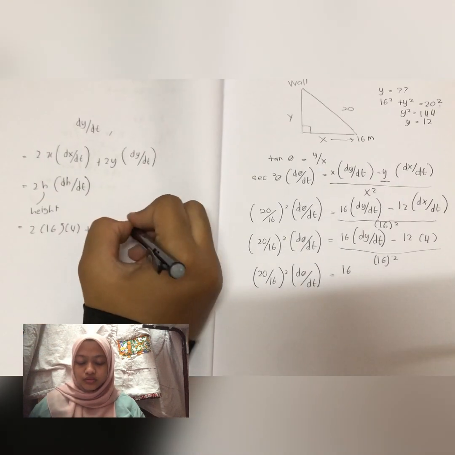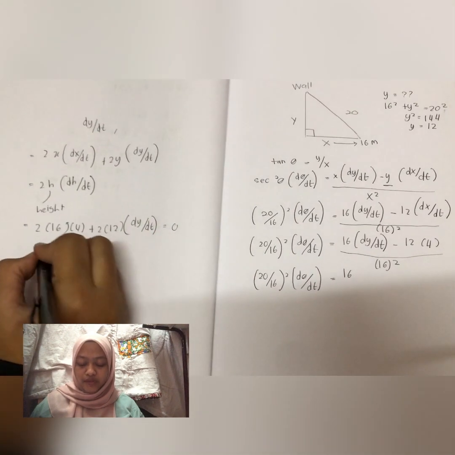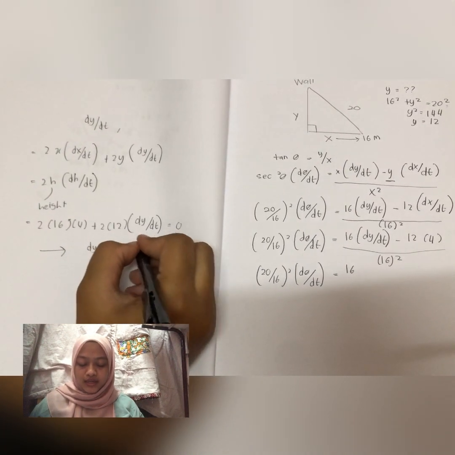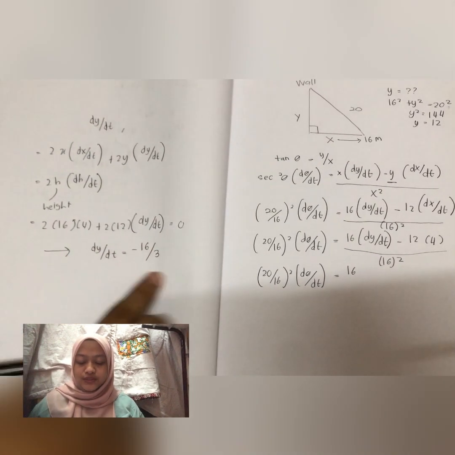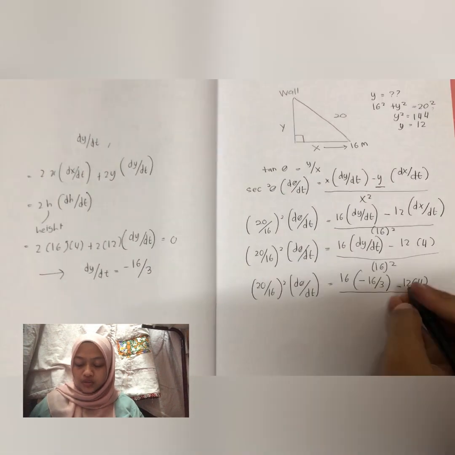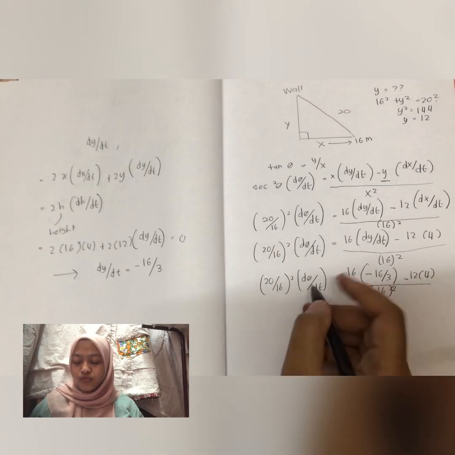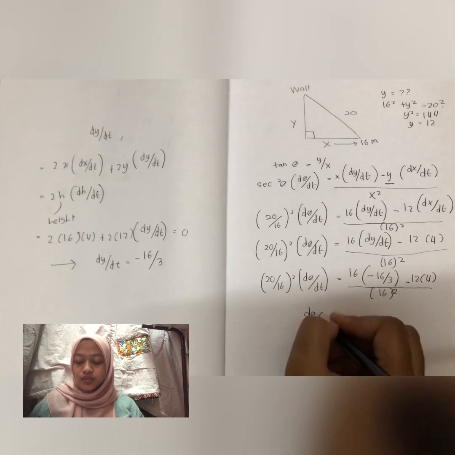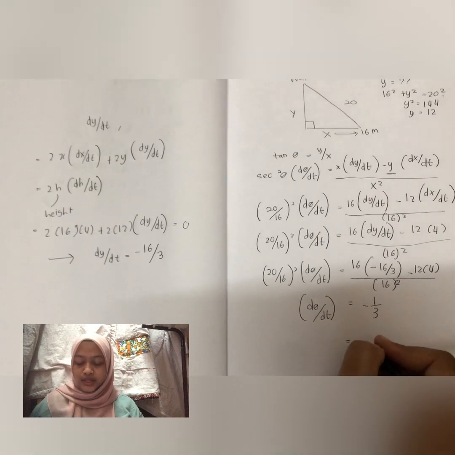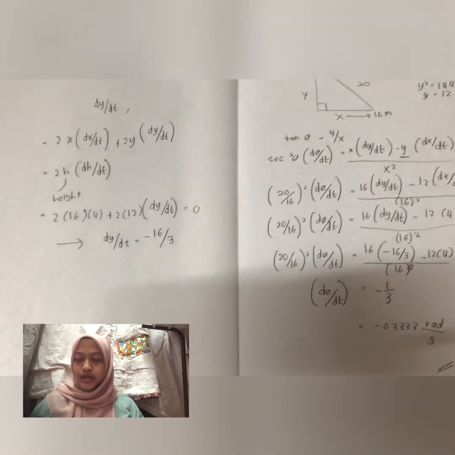So 2 multiplied with 16 multiplied with 4 plus 2 multiplied with 12 multiplied with dy over dt equal to 0. So we know that dy over dt is negative 16 over 3. So we substitute dy over dt with the value negative 16 over 3, minus 12 multiplied with 4, over 16 squared. So we get d theta over dt equal to negative 1 over 3. So the solution is negative 0.3333 radian per second.